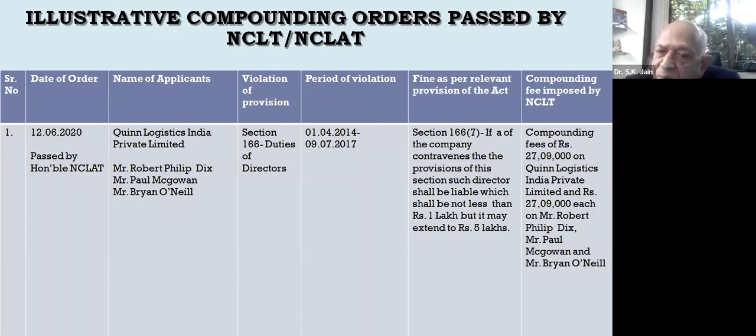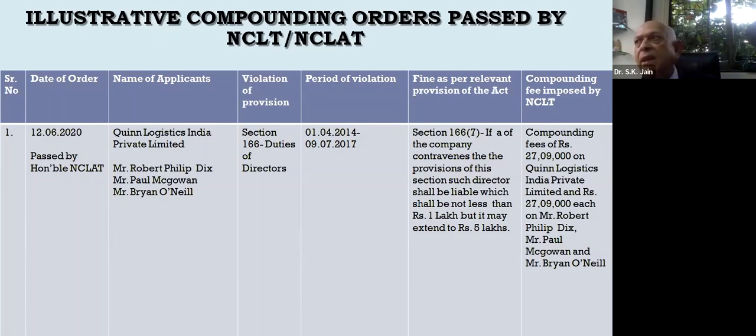But it may extend to 5 lakh. That means the competent authority will have discretion only with regard to the fine from 1 lakh to 5 lakh. So the competent authority has to impose the minimum fine of ₹1 lakh, but from 1 lakh to 5 lakh it has the discretion. Many times we face this situation.